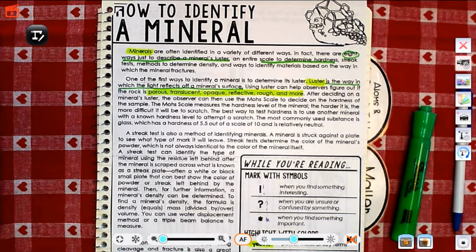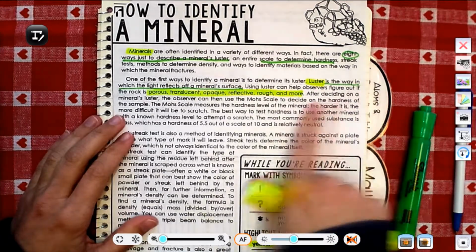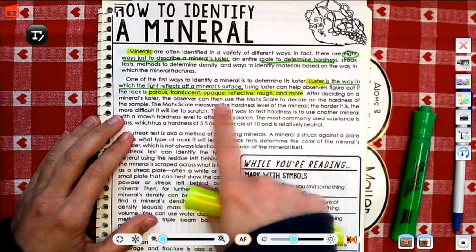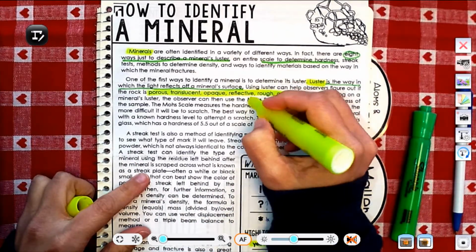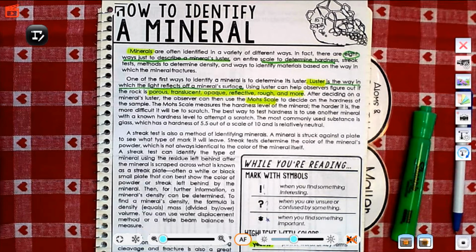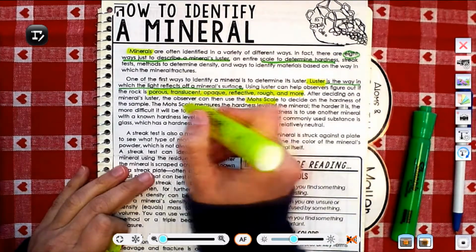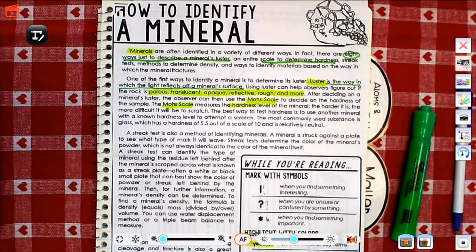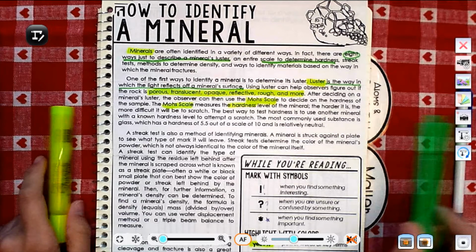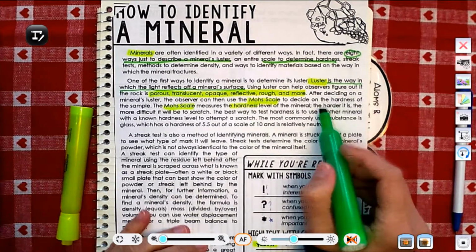There's lots of different ways. After deciding on a mineral's luster, the observer can use the Mohs hardness scale, Mohs scale, to decide on the hardness of the sample. The Mohs scale measures the hardness of a mineral. The harder it is, the more difficult it will be to scratch.